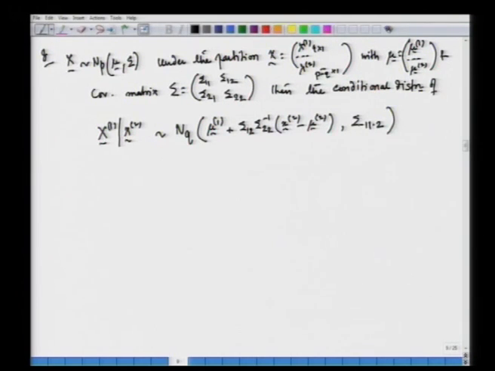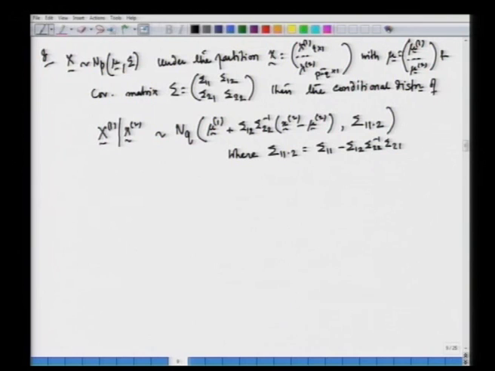This is a special notation we use, where the sigma 11.2 matrix is nothing but sigma 11 minus sigma 12 sigma 22 inverse sigma 21.